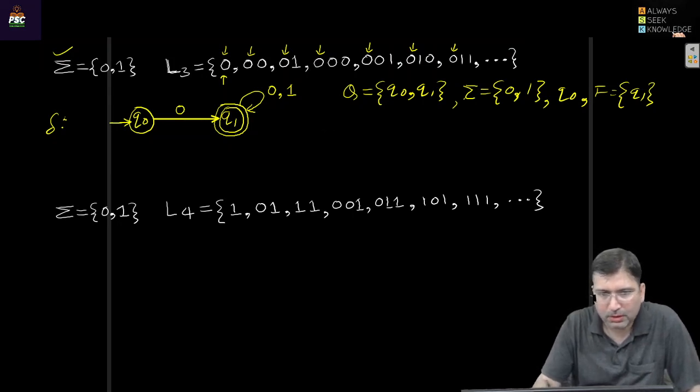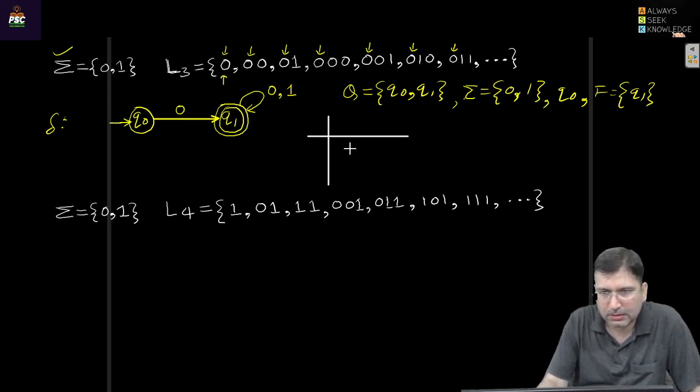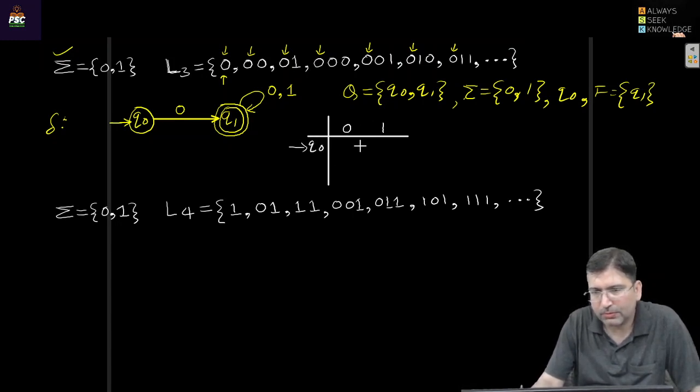So if you want to identify, let's say I draw the tabular form, with 0 and 1, the 2 inputs, initial state q0, and from q0, when 0 is coming, you are reaching q1. When 1 is coming, there is nothing, you don't have any idea about this.